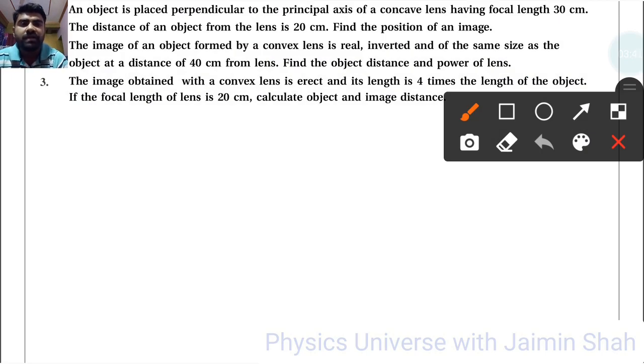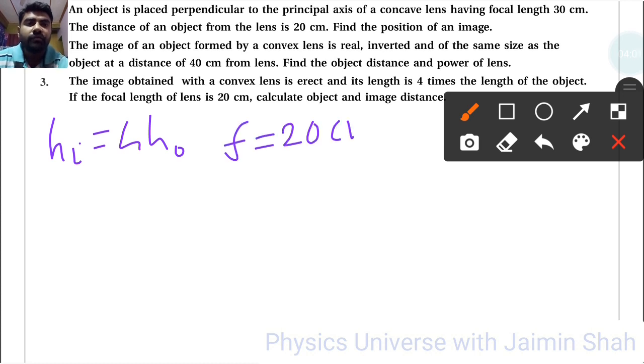Now the third question. The image obtained with a convex lens is erect and its length is 4 times the length of the object. So the length of the image hi is equal to 4 times ho. The focal length f is equal to 20 centimeter, because it is a convex lens it is positive, and the magnification is also positive.